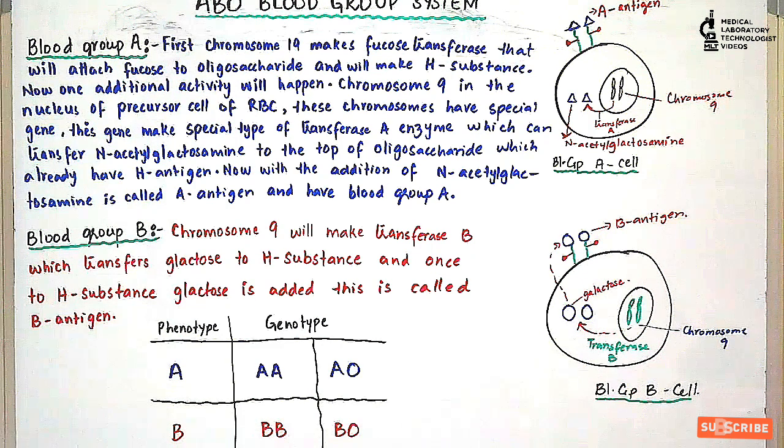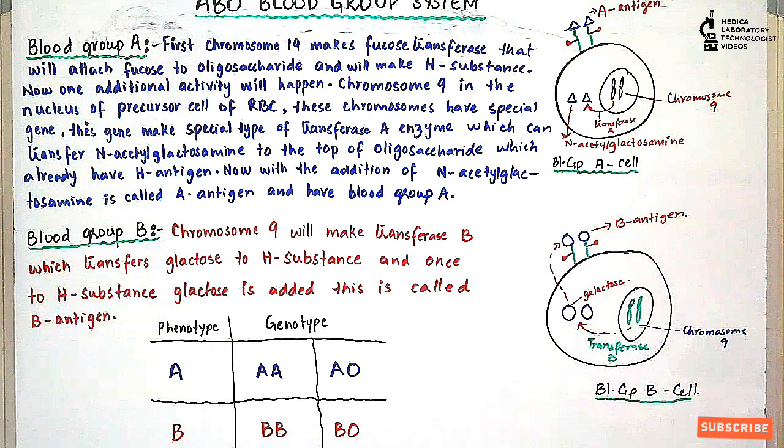So in blood group B people, in chromosome 9, the gene will be functional, and only then blood group B will be formed. At the specific locus, the gene now will produce the enzyme transferase B, and that enzyme's function is to attach or add galactose to the H substance.